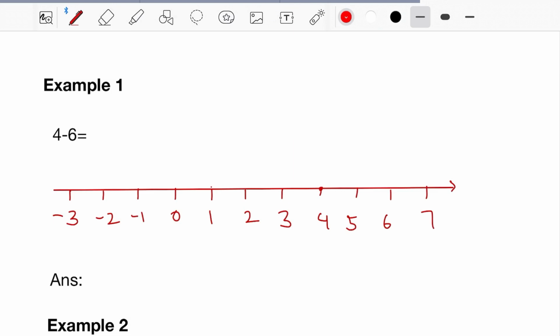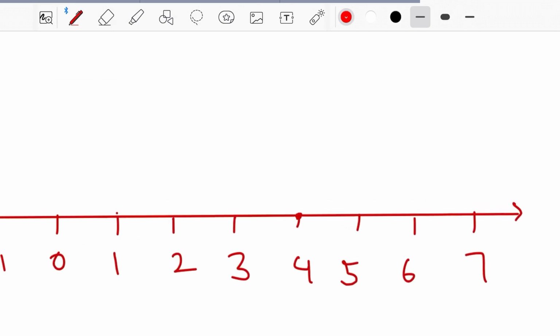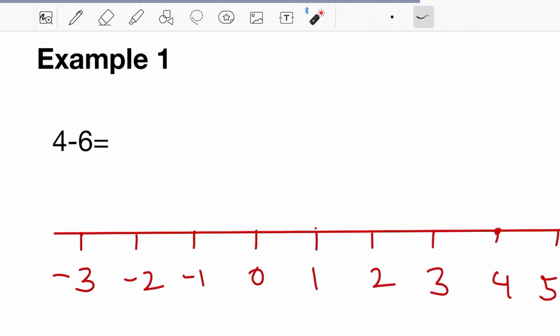So the first example is 4 minus 6. Now from our example a while ago, we know that we need to start at our first number on the left, which is 4. So on our number line, we have 4. Next, the direction that we need to move in is determined by this sign in the middle here.